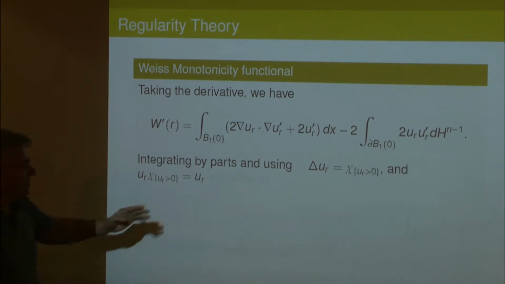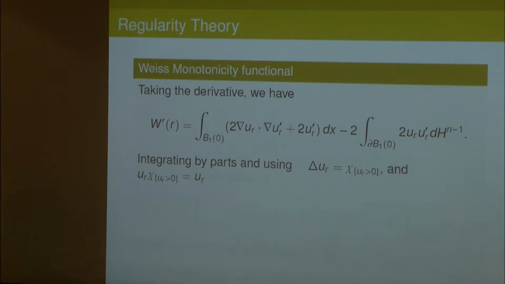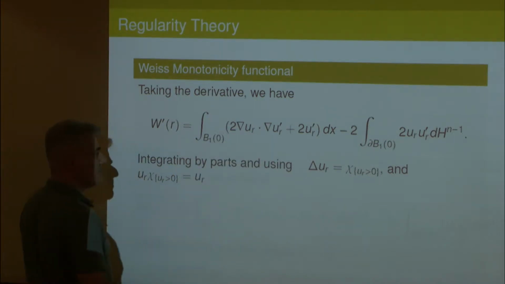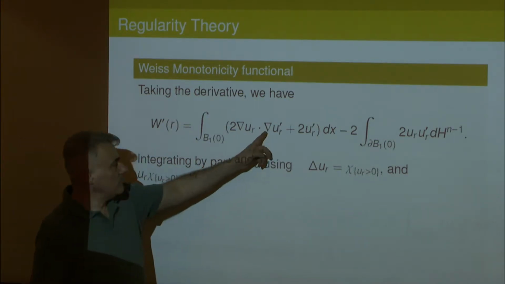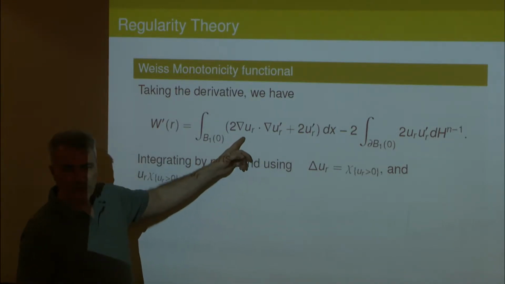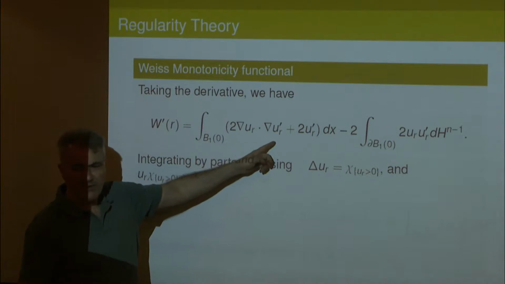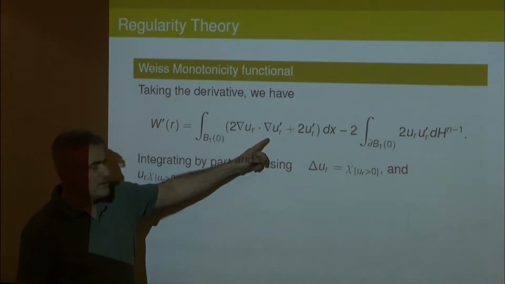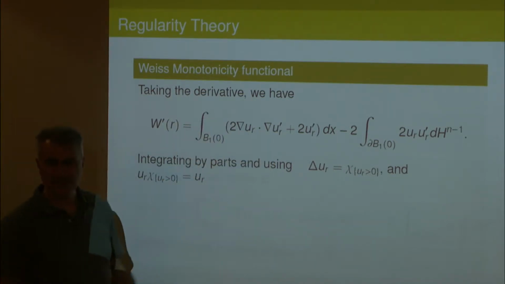So now you integrate this by parts. So what happens? So this guy here, in order to integrate this by parts, what you do, you take this guy, because you have good grip on the gradient of u_r, but not on the gradient of u_r prime. You don't like that. So take this guy, go to the boundary.